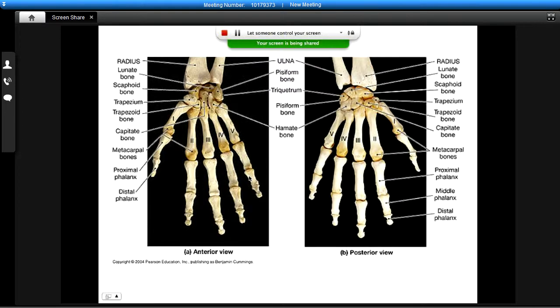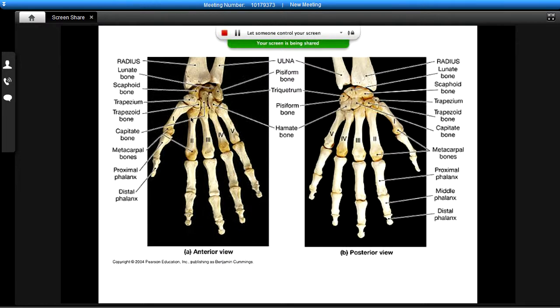These are the bones of the hand, and I didn't ask you to identify each of the specific carpal bones, but you should know where they are located and their point of articulation with the radius and the ulna. You should also be able to identify the metacarpal bones. Now, you notice the numbering of the metacarpal bones.